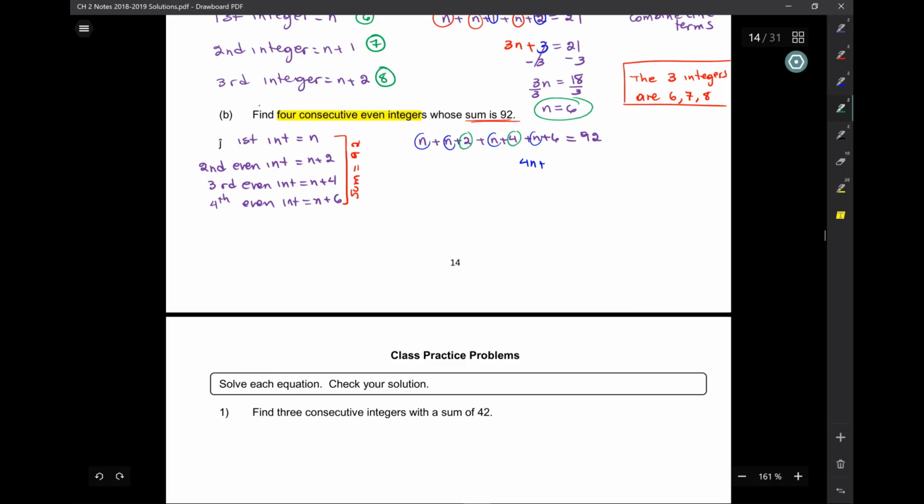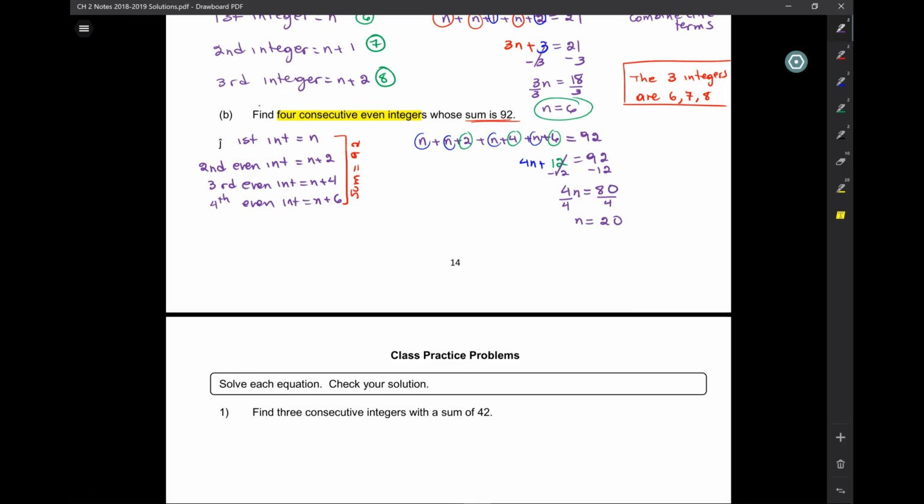A 2, a 4, and a 6, right? 2 plus 4 is 6. Plus another 6 is 12 equals 92. Let's subtract 12. 4n is 80. Divide by 4, n is 20.